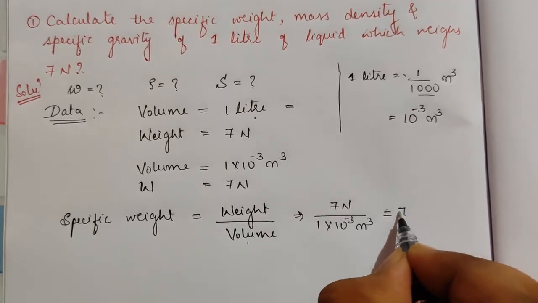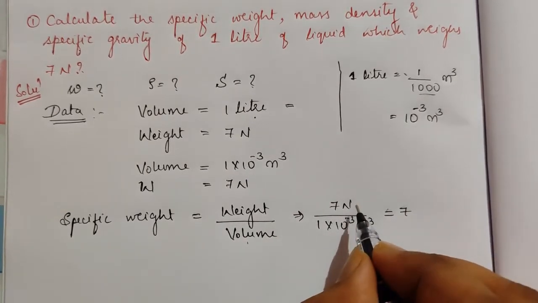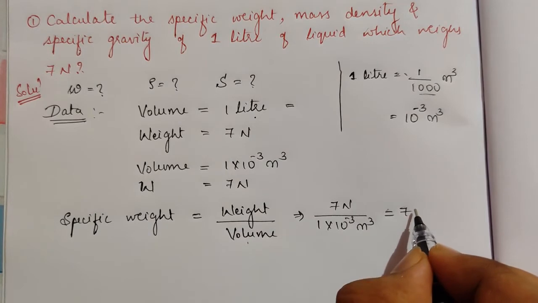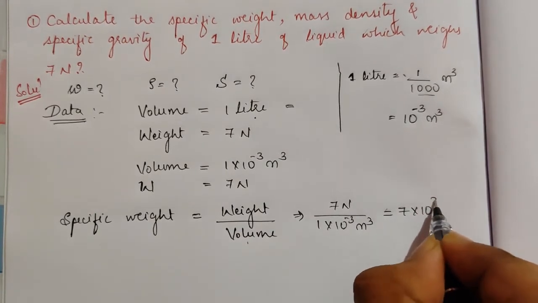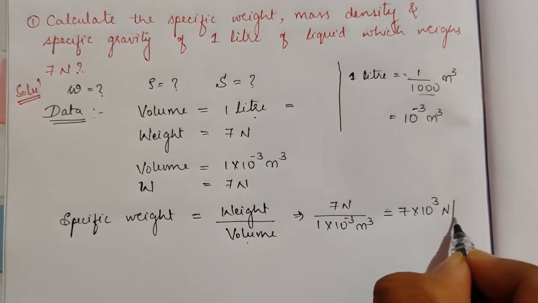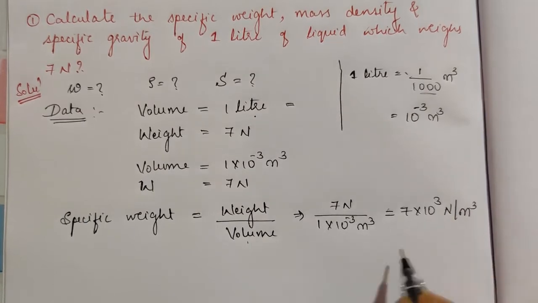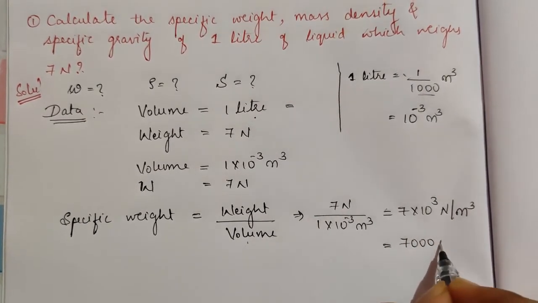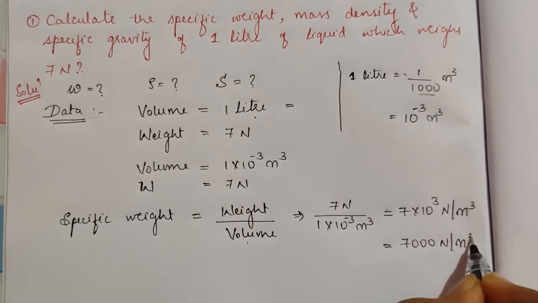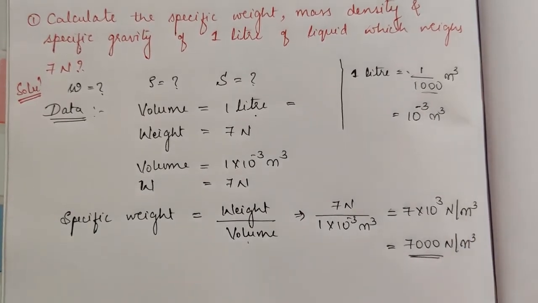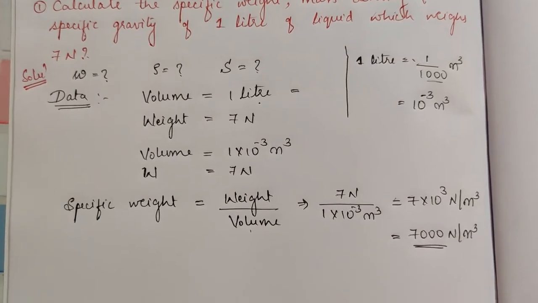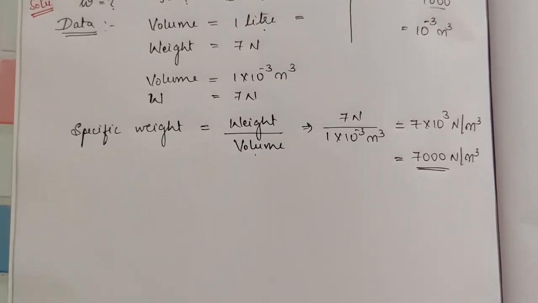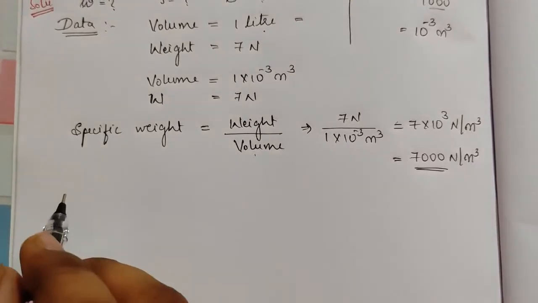When we solve, 10 power minus 3 goes upward and becomes 10 to the power of 3, so we get 7 into 10 power 3 Newton per meter cube, or 7000 Newton per meter cube. We just have to substitute in the formula.